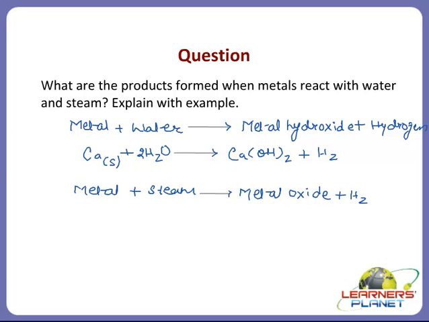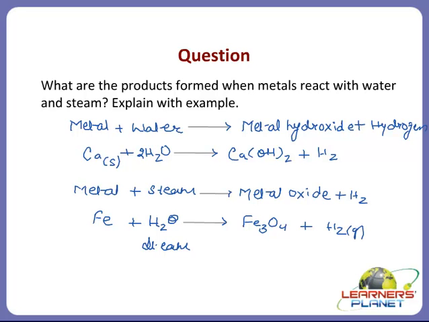So let me take the example of iron here. Iron reacts with steam and what would be the product formed here? Iron oxide, that is Fe3O4, plus hydrogen gas.